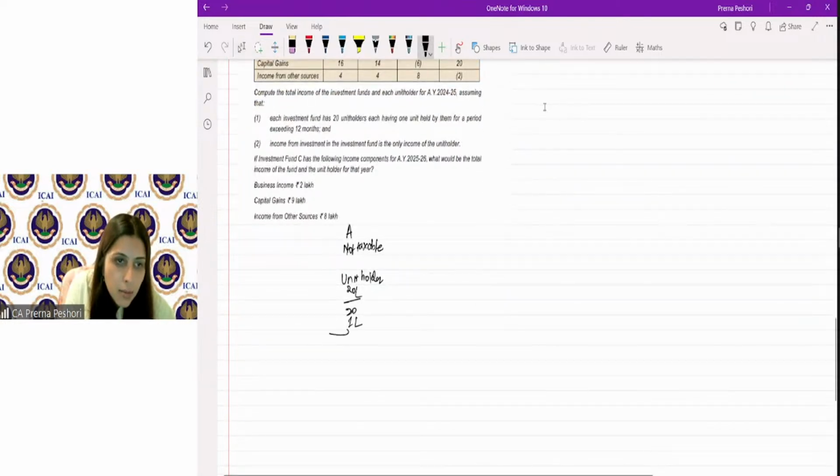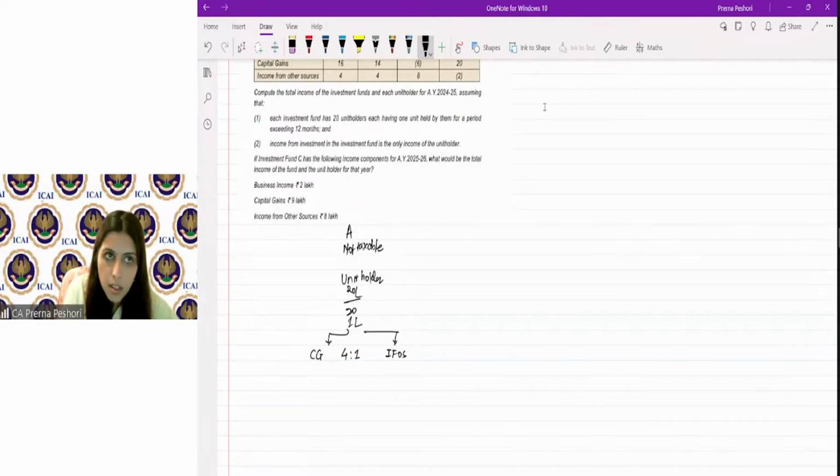Now this will be taxable in the proportion of capital gain and income from other sources, which is 4 is to 1. Right? So 80,000 will be taxable here and 20,000 will be taxable in income from other sources. Are we getting that? Now what about B?